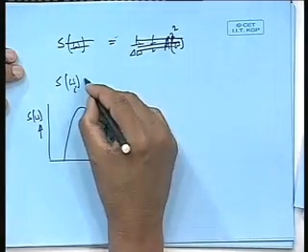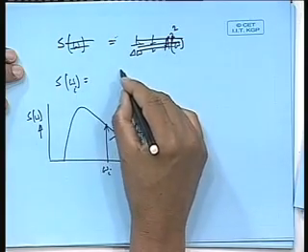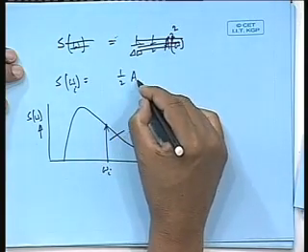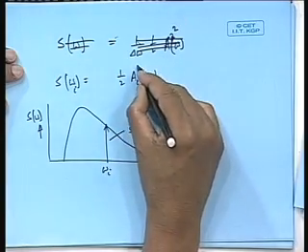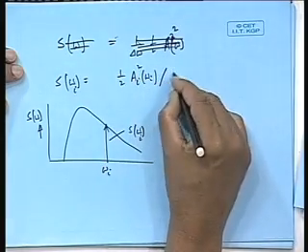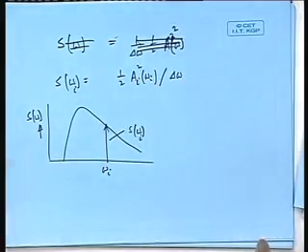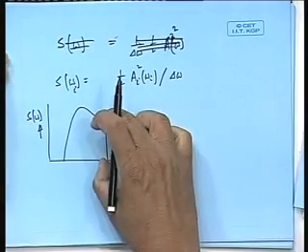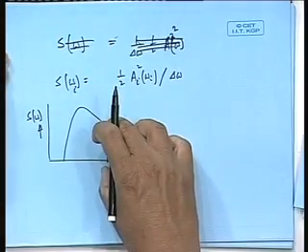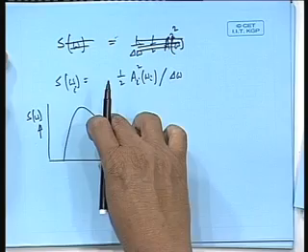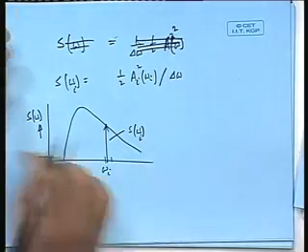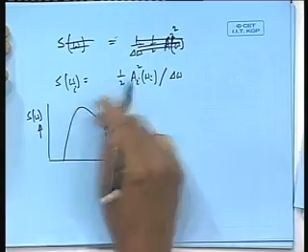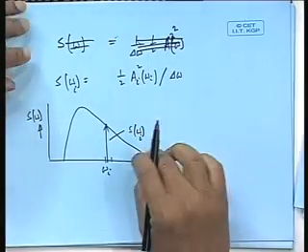S omega I is given by our formula: half of A I omega I square divided by delta omega. This is what I have done before, if you recall: this part is nothing but the square of the amplitude of the incident wave divided by delta omega. The delta omega has to be taken because the area becomes constant.